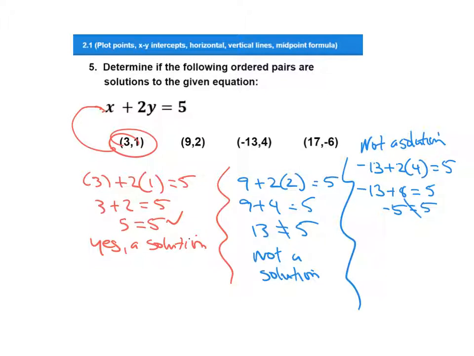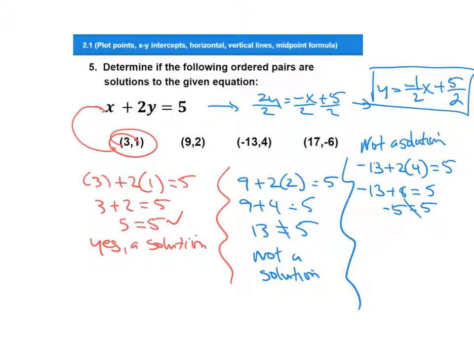So that's what you're looking for when you have those types of problems. You just want to know if it's going to be a solution. Is that ordered pair going to be found in the table? So you could certainly solve this for y. I would subtract x from both sides, so that would be negative x plus 5, and then divide everything by 2. So I would get y equal negative 1/2 x plus 5/2.